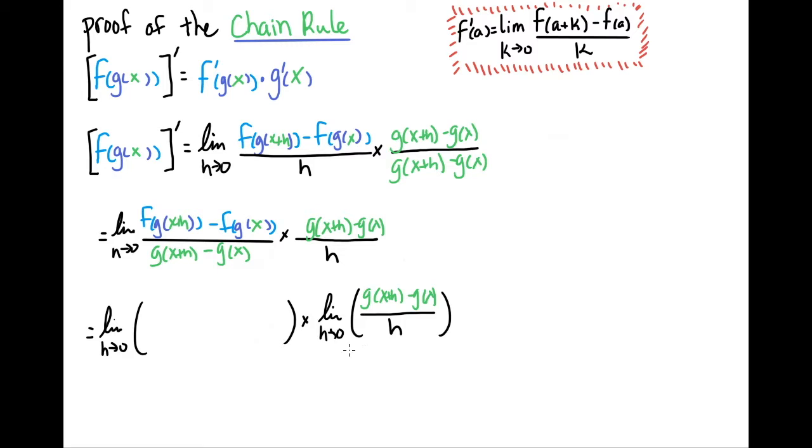You're going to say, wait a second, this is quite strictly the definition of g prime of x. And yeah, you're right, it absolutely is the definition of the derivative g prime of x. So we've already knocked off this first part of our proof.